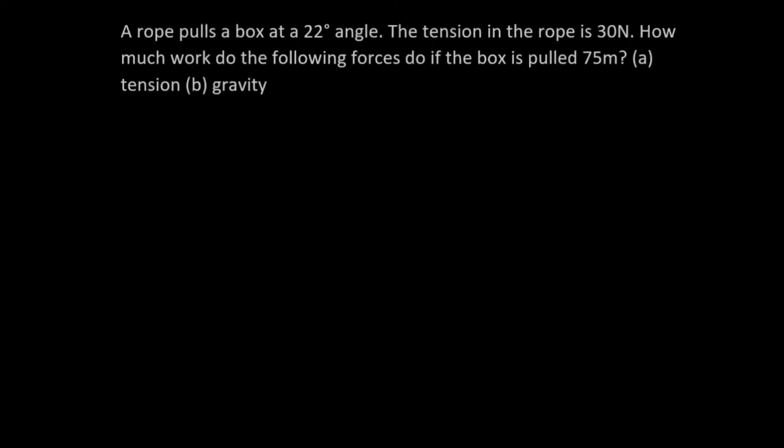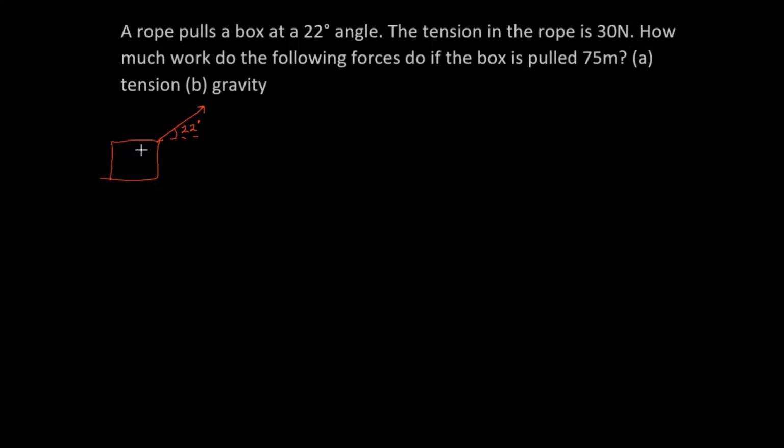So go ahead and take a moment to read this problem just to get yourself acquainted with it. See if you can draw yourself a little picture of it, because that's going to be the first thing I do. Alright, so I'm going to go ahead and draw that picture. I've got a box being pulled at a 22-degree angle.